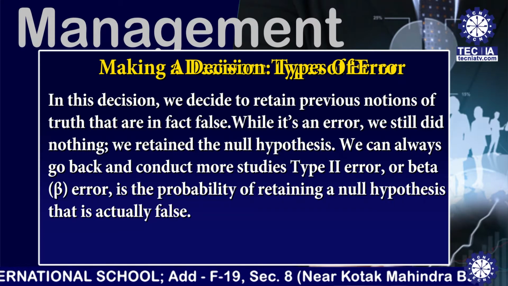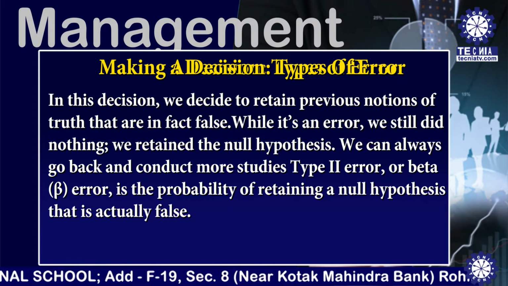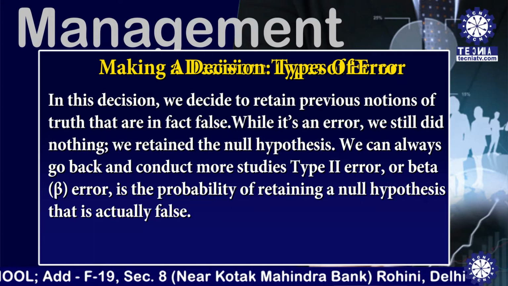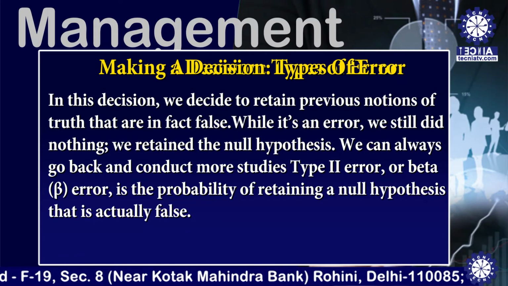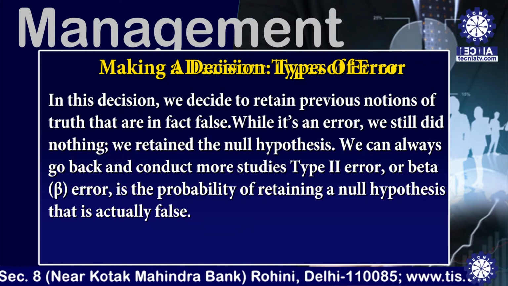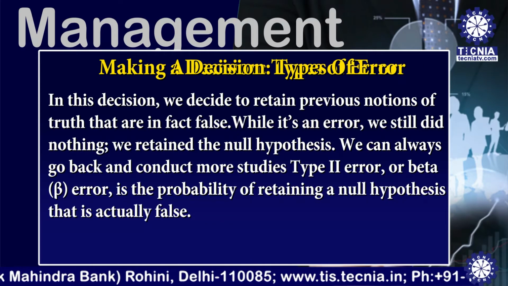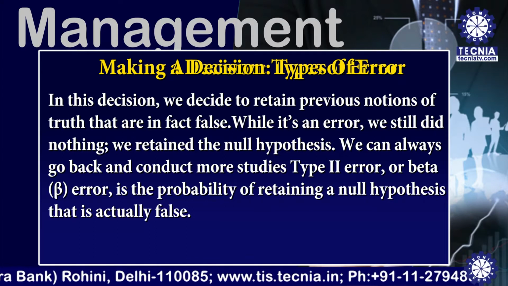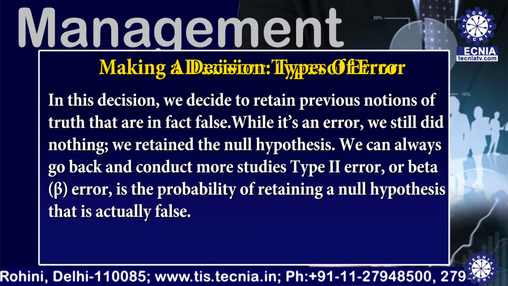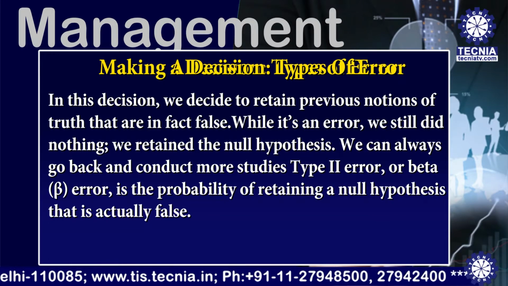While it is an error, we still did nothing. We retain the null hypothesis. We can always go back and conduct more studies. Type 2 error or beta error is the probability of retaining a null hypothesis that is actually false.